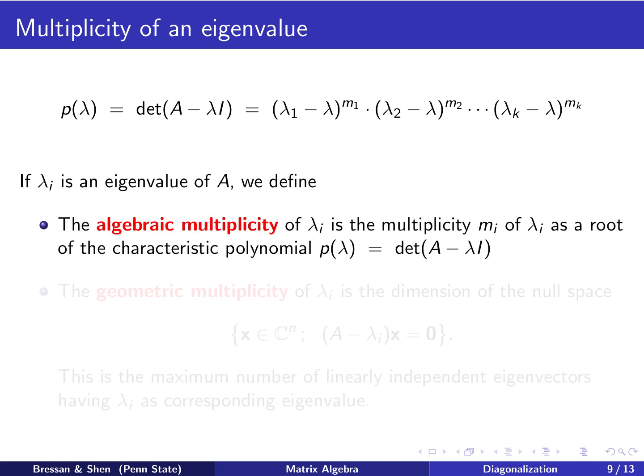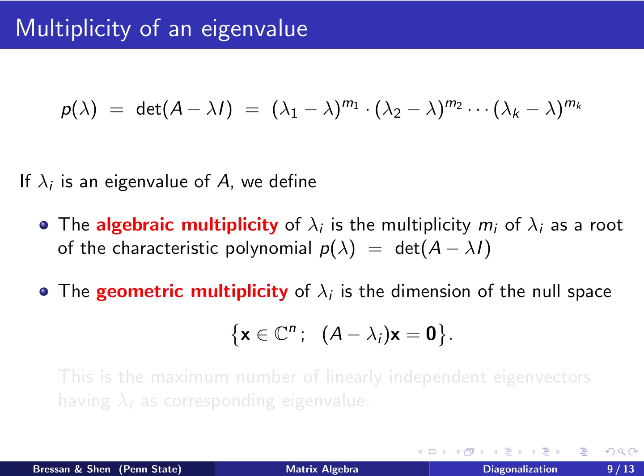Then there are two levels of multiplicity of this eigenvalue we would like to define. Let lambda i be an eigenvalue of A, and we'll have the following definition. We can define the algebraic multiplicity of lambda i, that is the multiplicity mi of lambda i as a root of the characteristic polynomial, this polynomial here.